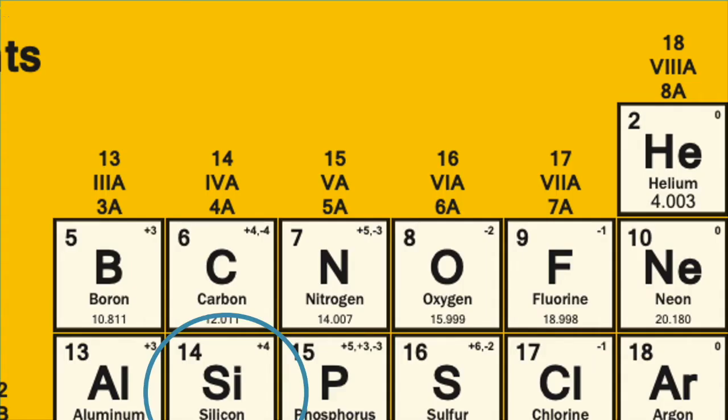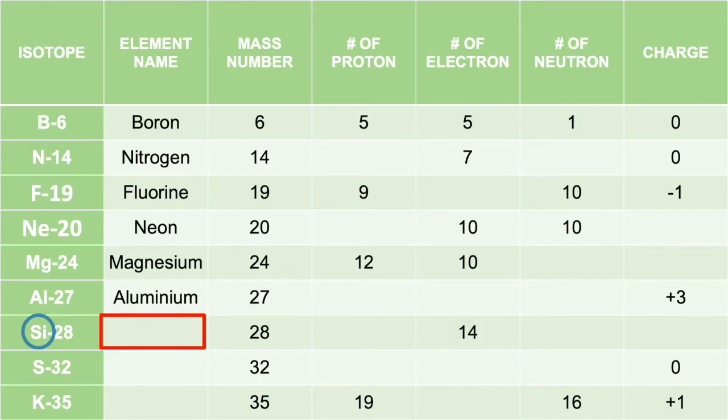This element has an atomic number of 14, and the element's name is silicon. So going back to the table, we are going to simply write the name of the element on the space for the element name. So the element's name is silicon.